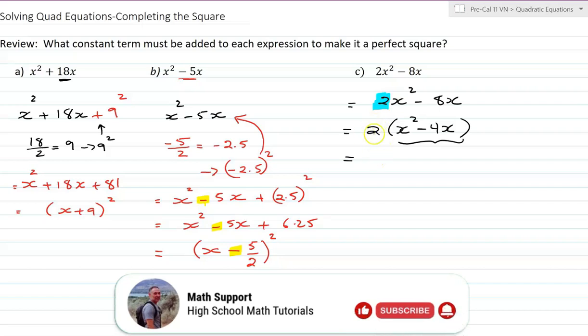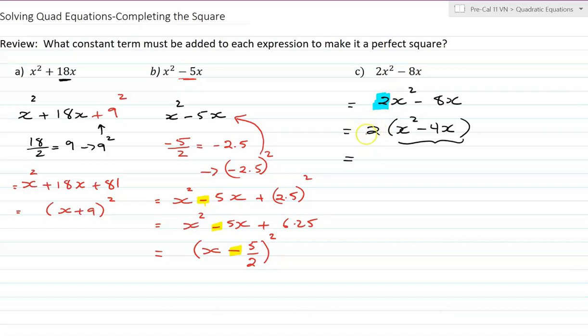So in this case, we can ignore the 2 outside, and then we go ahead and do x squared minus 4x, and then half of minus 4 is minus 2, and then a square. I'm just going to put it like that.